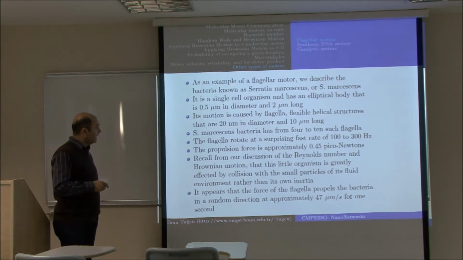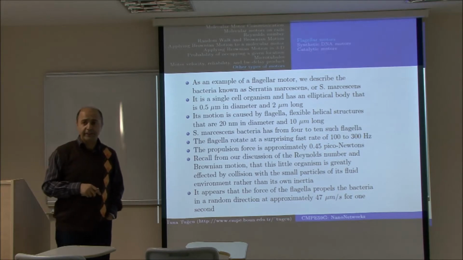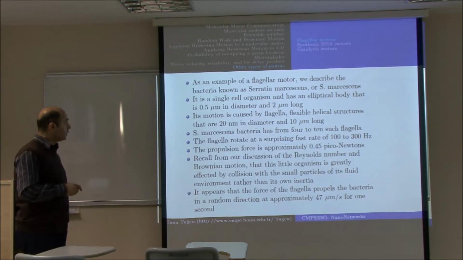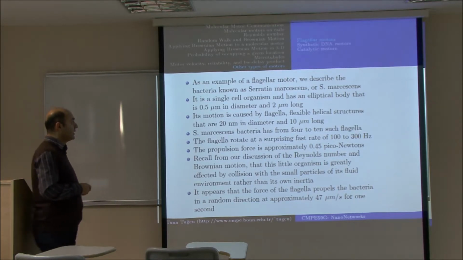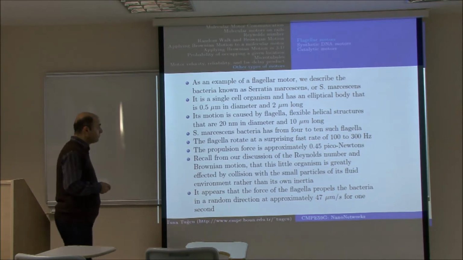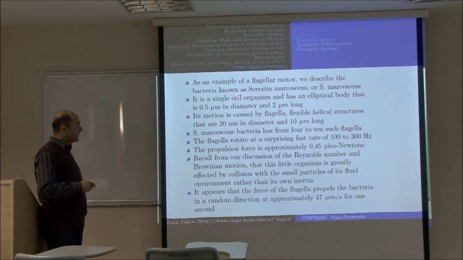And as an example of the flagellar motor, we can talk about the Serratia marcescens bacteria. It's a single cell organism and has an elliptical body that is 0.5 micrometer in diameter and 2 micrometer in length.